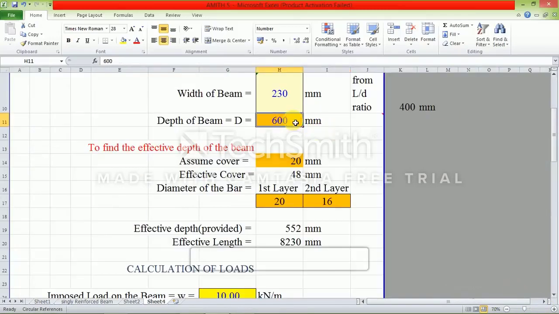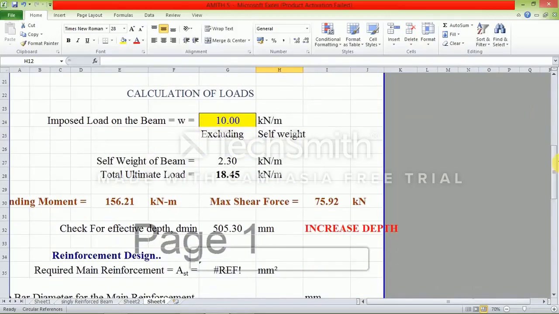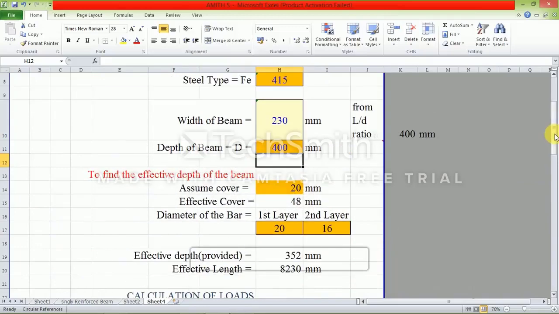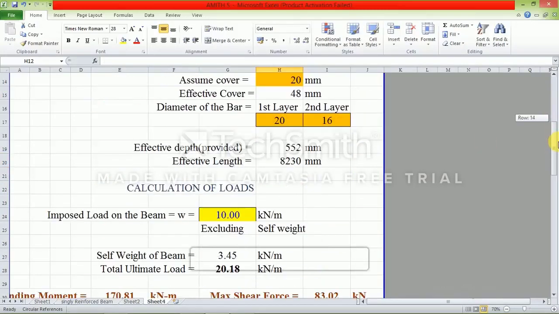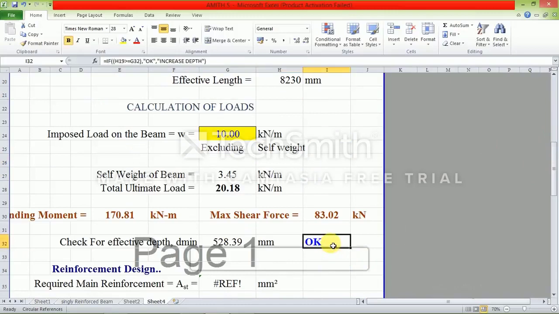Again, if I give a lesser value, that is 400, it shows increase depth. The structure is not safe. Now again I am giving 600. If the depth of the beam is 600, then it will be safe and it gives a report as okay.